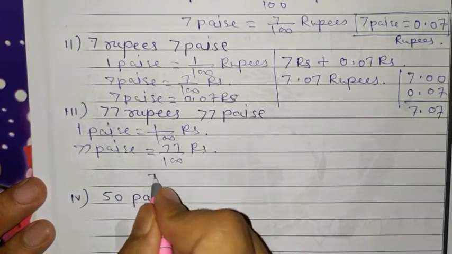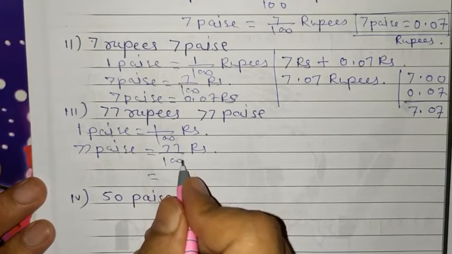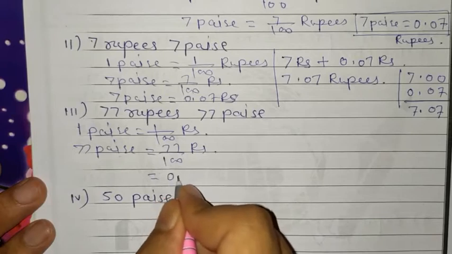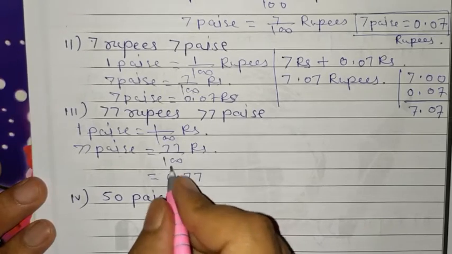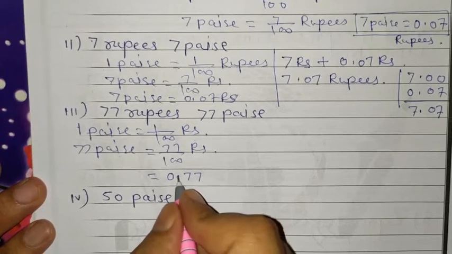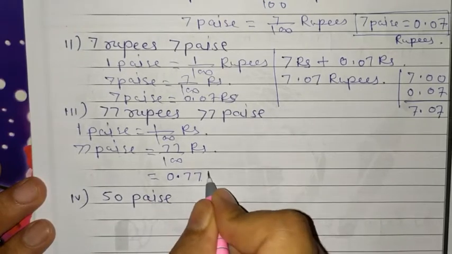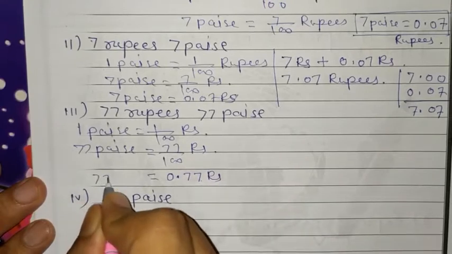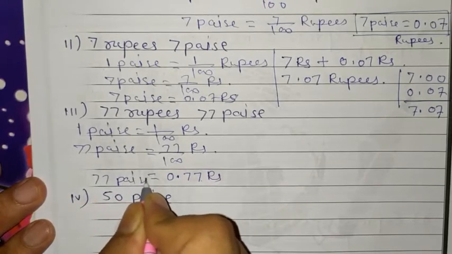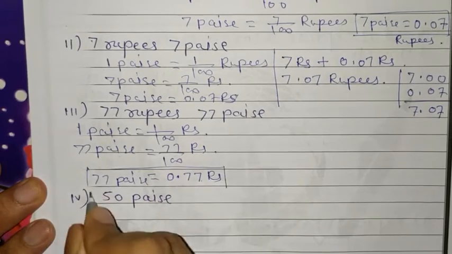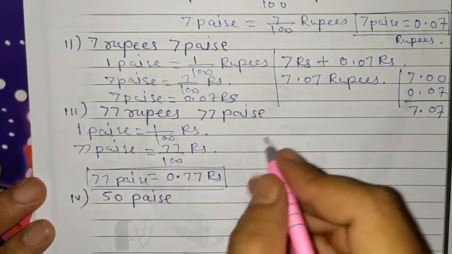Finally you have to solve that. 77 upon 100 means 0.77, which means after the point 2 digits will be there. So 77 paise equals 0.77 rupees.